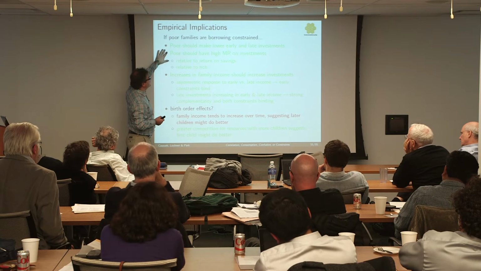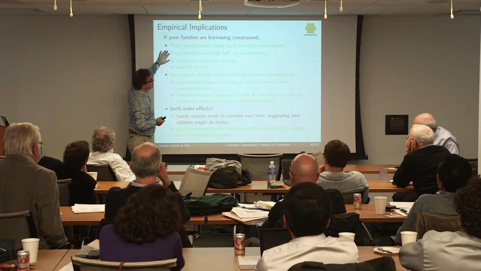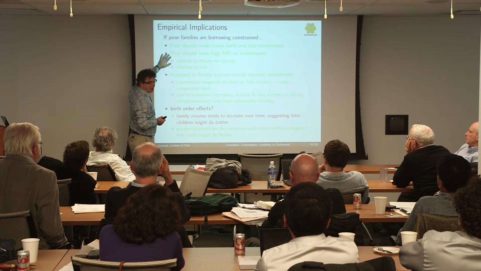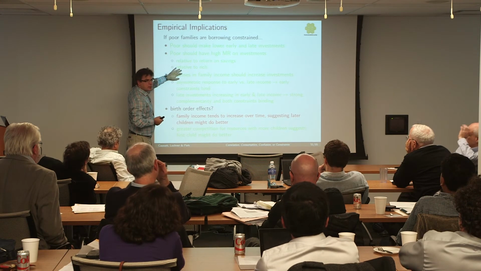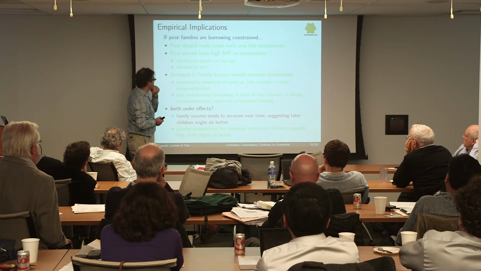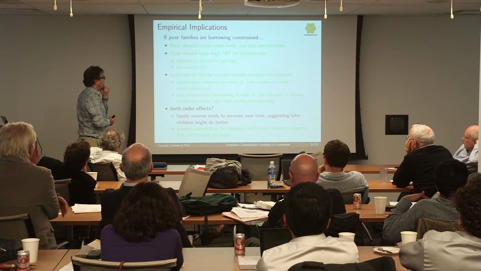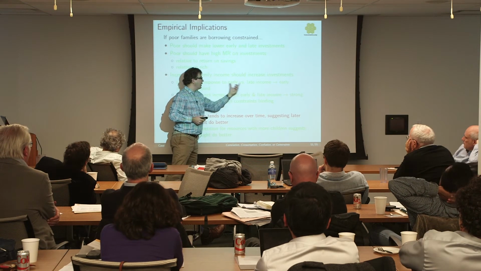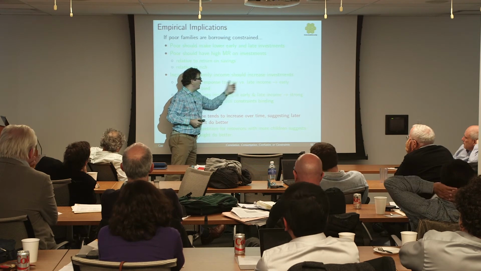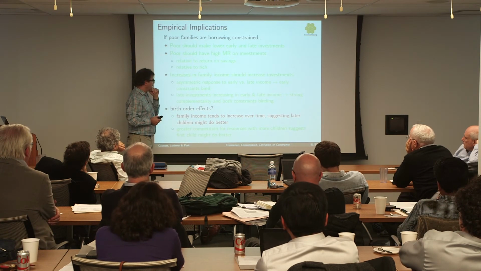So you can explain that the poor should make lower early investments and late investments. They should have a high marginal return on their investments relative to the return on savings, as well as relative to the return for the rich. Increases in family income should increase investments. In order to explain an asymmetric response, a bigger response to early income than late income, you must have early constraints bind.